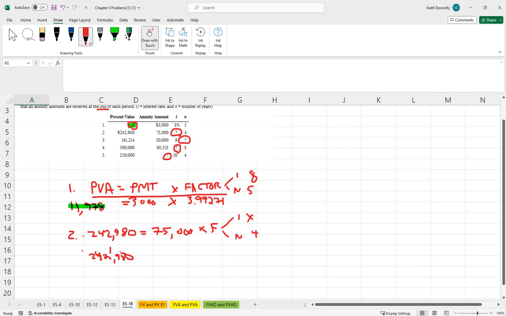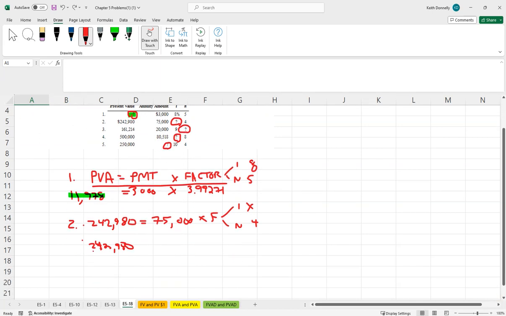Divide it by the 75,000, so you're just moving this guy over there, you'll divide it, and you will get from this 3.23973. Geez, these are long items here.